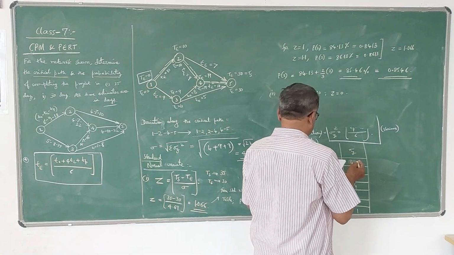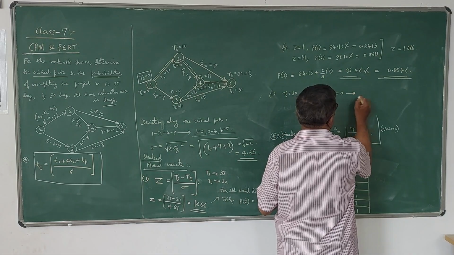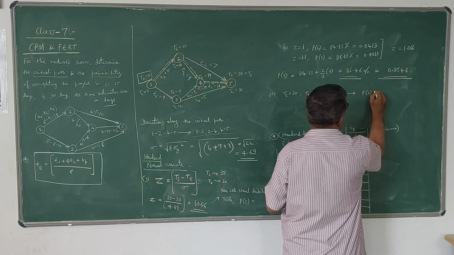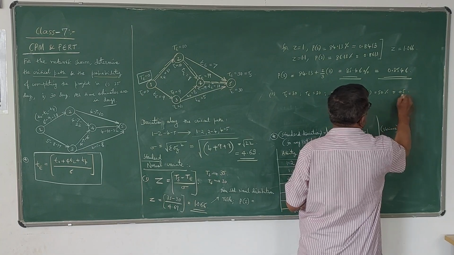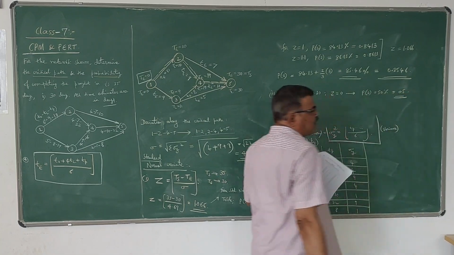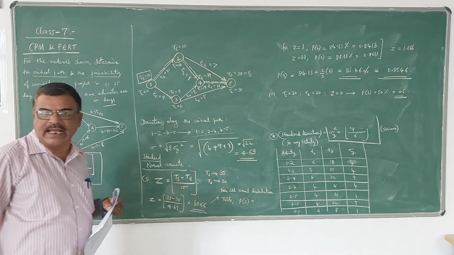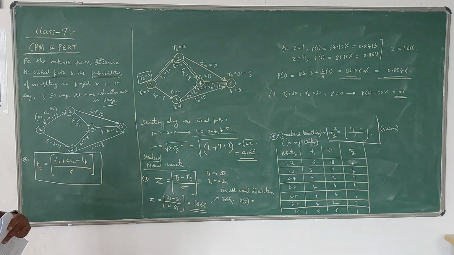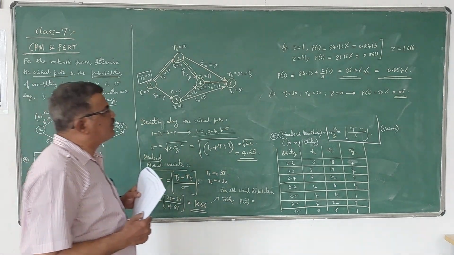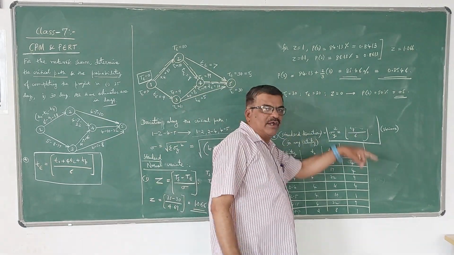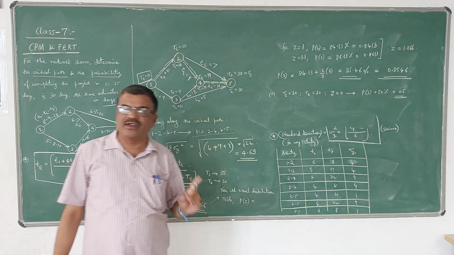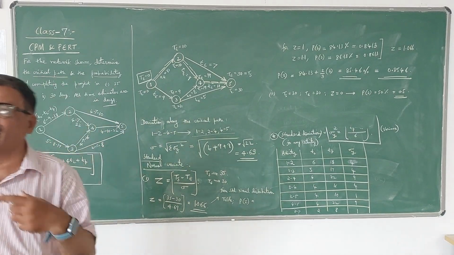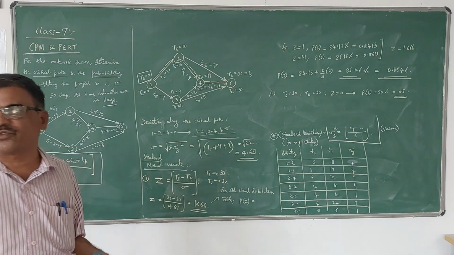For Z is equal to 0, the probability is 0.5 or 50% from the table. That means the probability of completion of the project in 30 days is 50%, whereas in 35 days it is 0.8546, 85%. That is more because more time is given, therefore probability is also more.